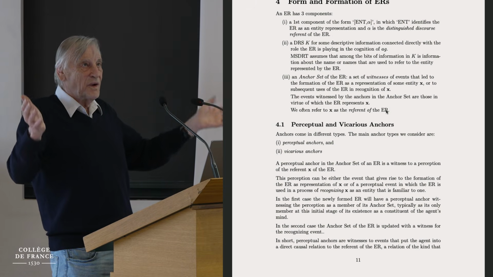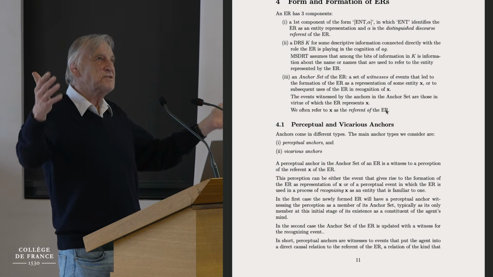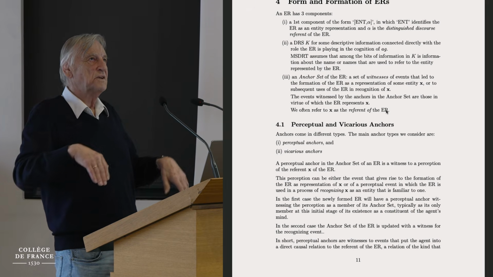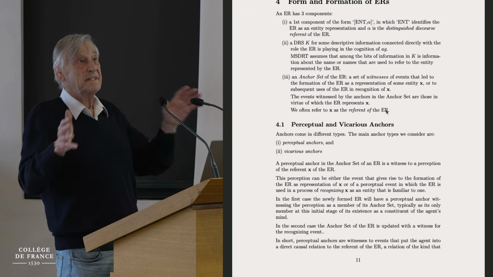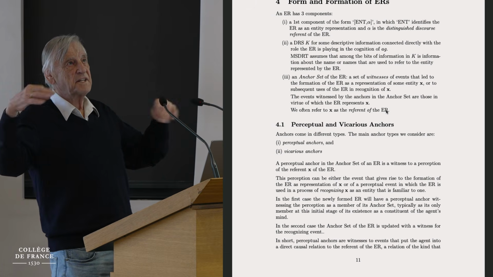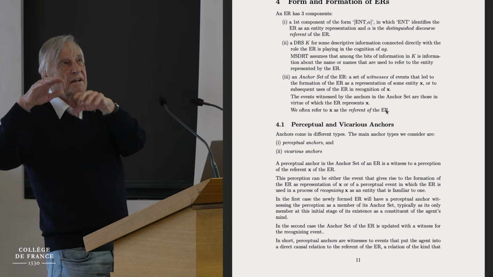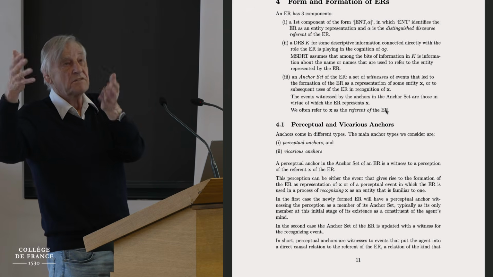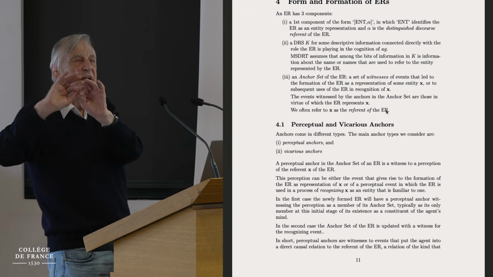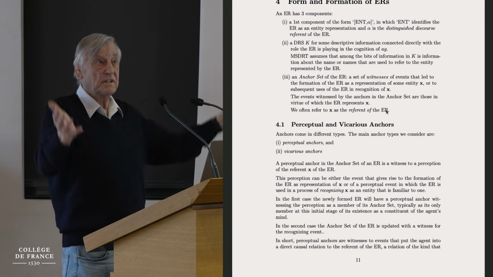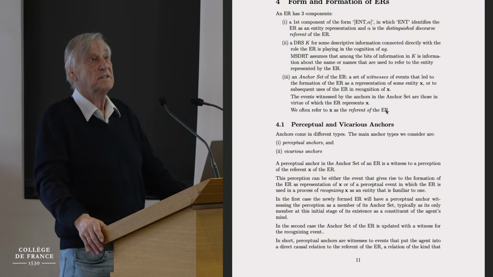And the reconstruction within this framework of the Kripkean causal chain theory is now that within such a network, if you take any of the agents involved, and we think of the network as giving one entity representation for each of the agents involved in this subset of the speech community.